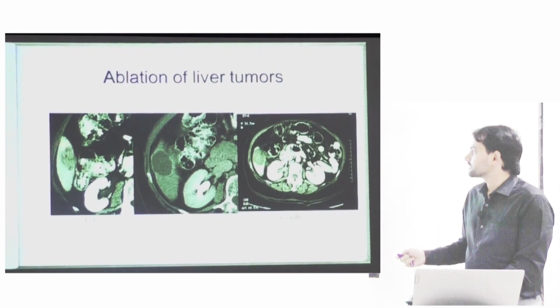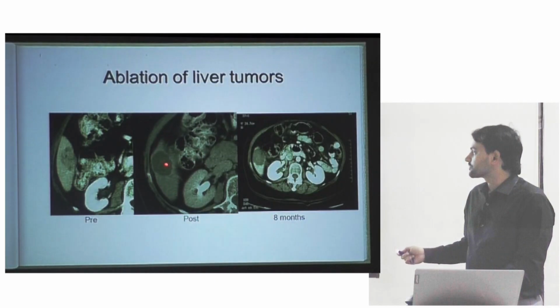Some case images: this is the pre-procedure, and post procedure there is no enhancement in the contrast CT. Here pre-procedure there is heterogeneous enhancement in the HCC, post procedure almost the entire tissue is necrosed, and even after 8 months there are no enhancing areas after ablation.